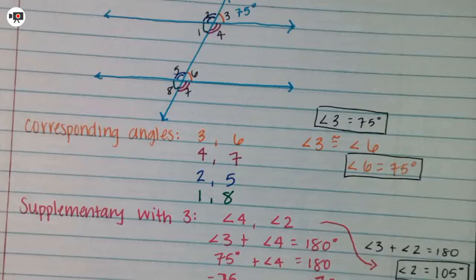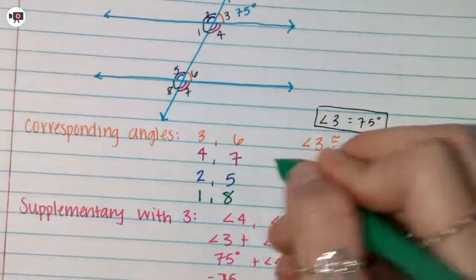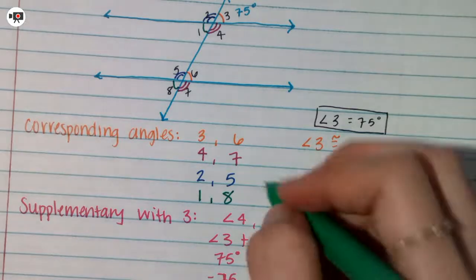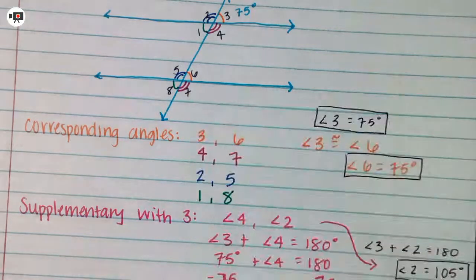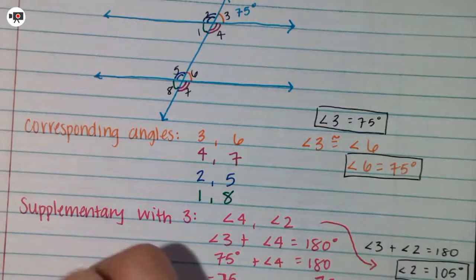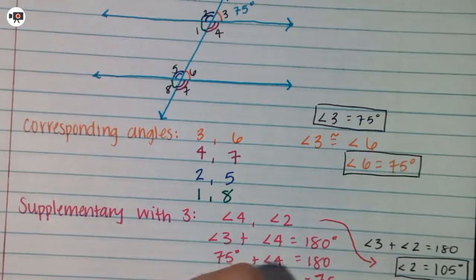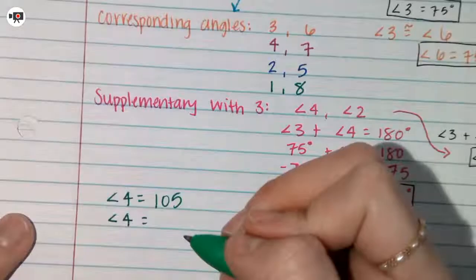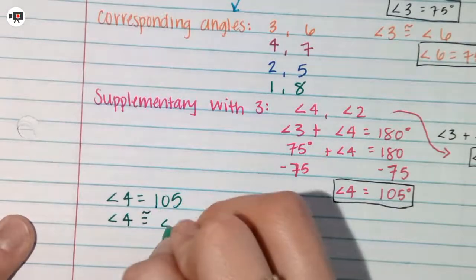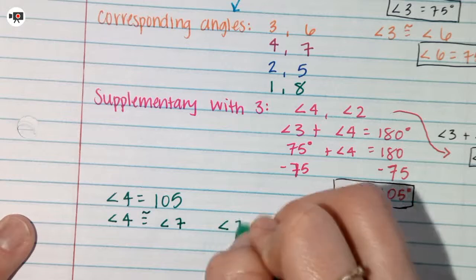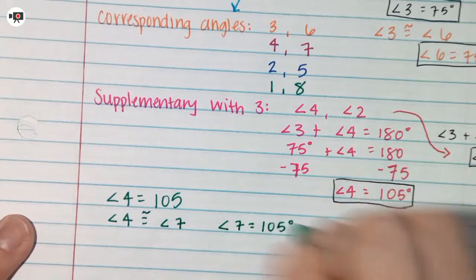Okay, so this means angle 4 equals 105, and angle 4 is congruent to angle 7, so angle 7 equals 105 degrees.